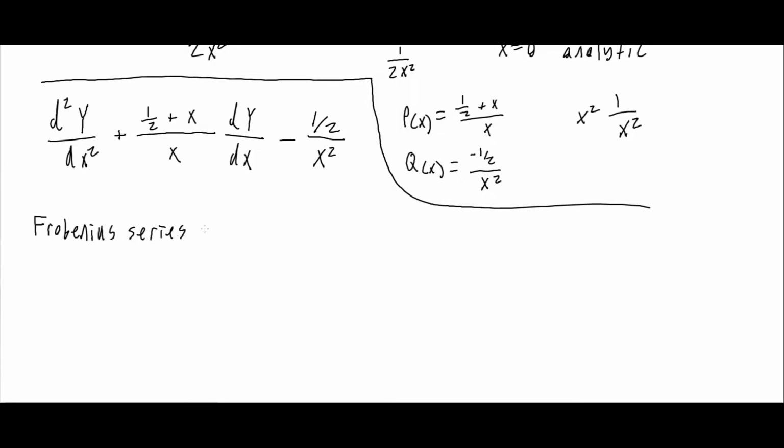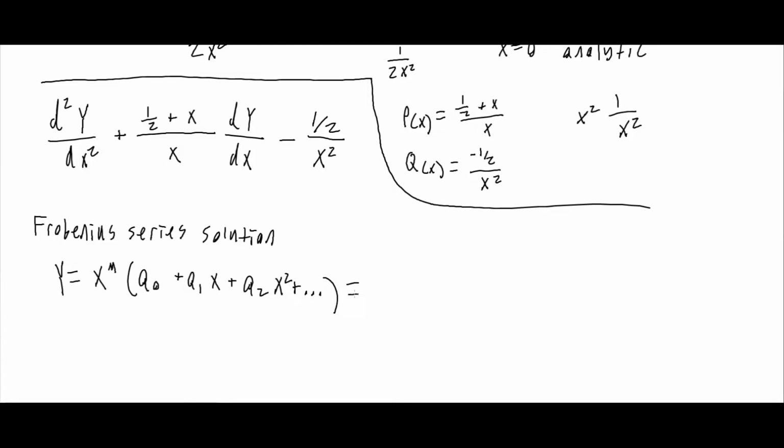And that is a series that has the general form of, well, we could say that it is y equals x to some power multiplied by our power series here. So a naught plus a1x plus a2x squared, and so on off to infinity.